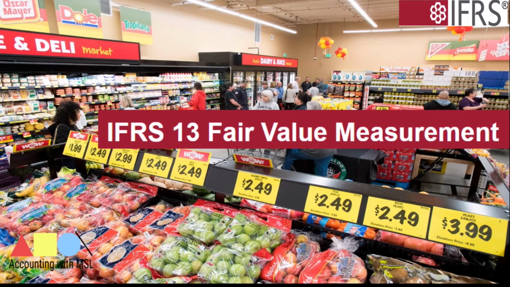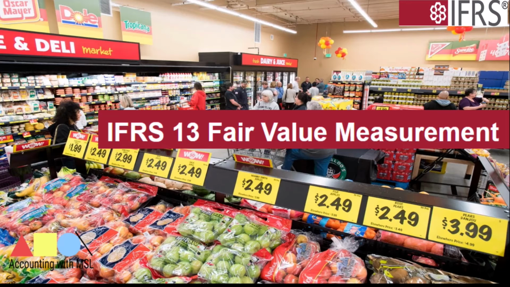And then also for fair value measurements using significant unobservable inputs, i.e. level 3 inputs, you need to also let your users know the effect of the measurement on profit or loss or other comprehensive income for the period. So these are the two main disclosure requirements.